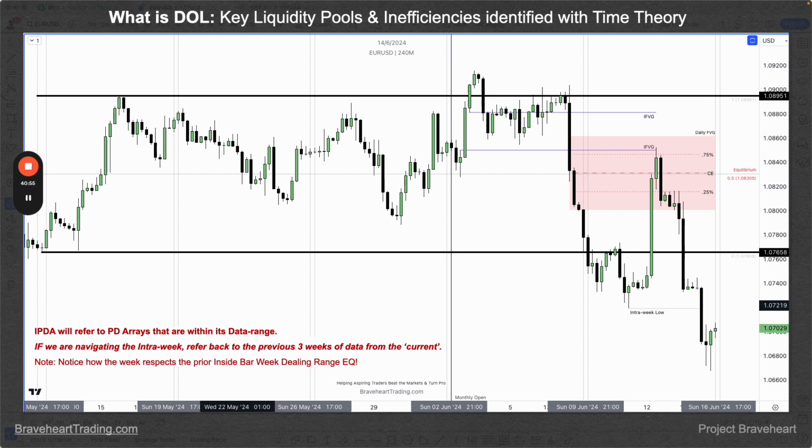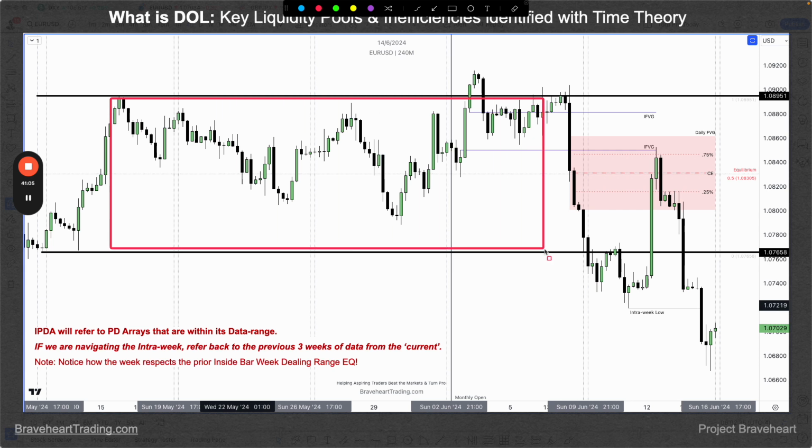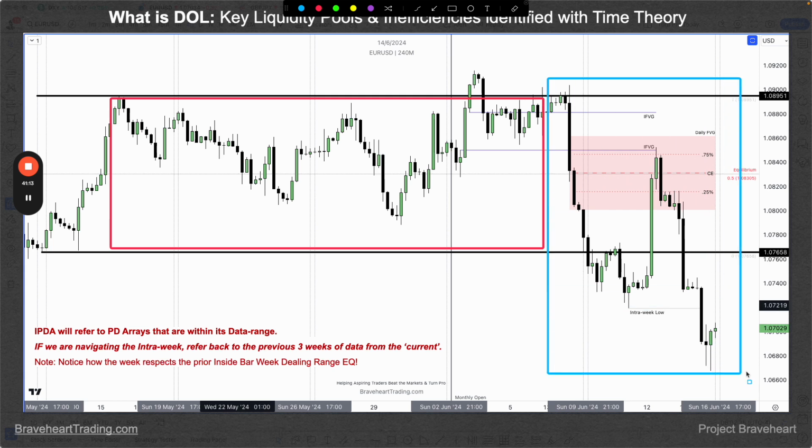So, yeah. Notice how the week respects the prior inside bar week dealing range EQ. So we were talking about how price was stuck in the inside bar week range and then was ready to expand into potentially large range weeks to come.